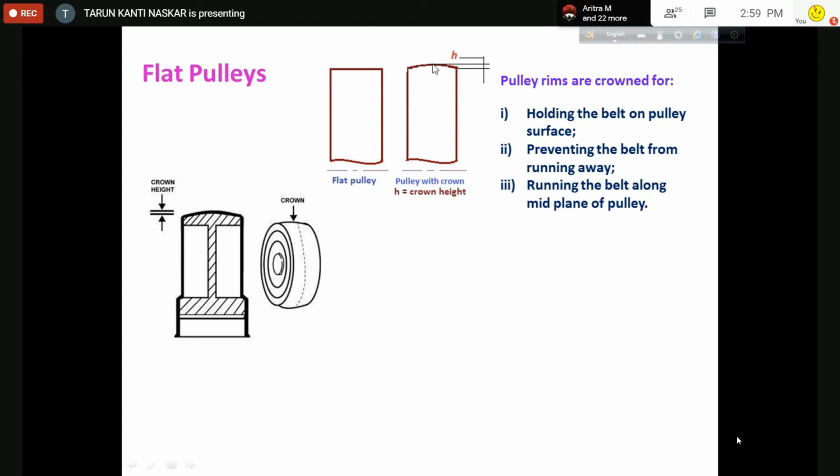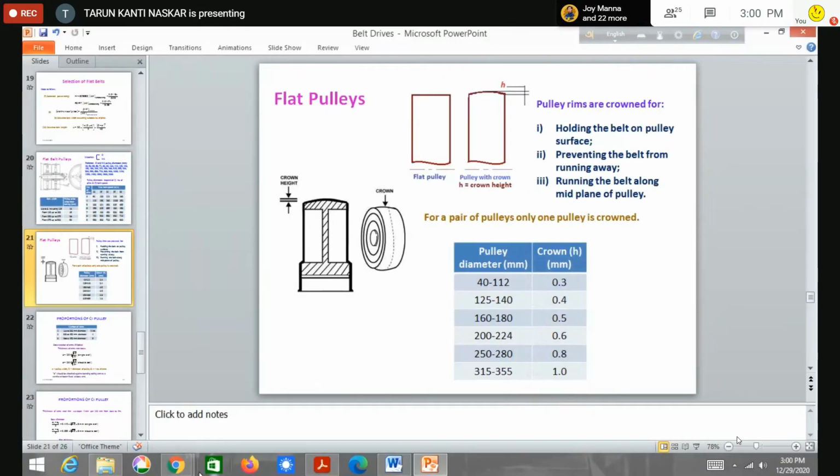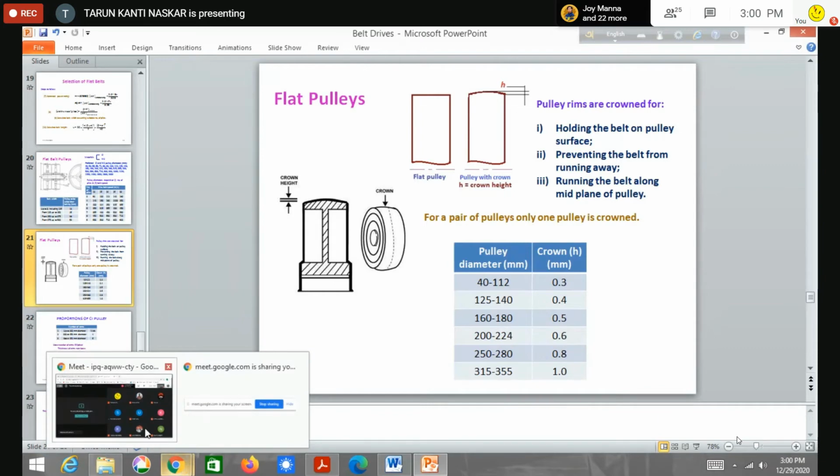The pulley will tend to drag the belt from both sides to this center point, because this is the higher diameter point.